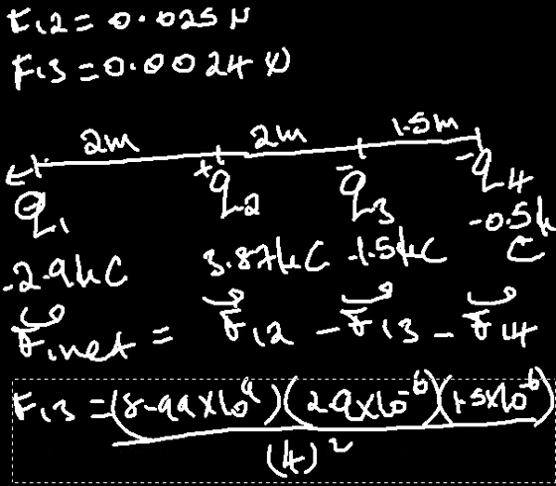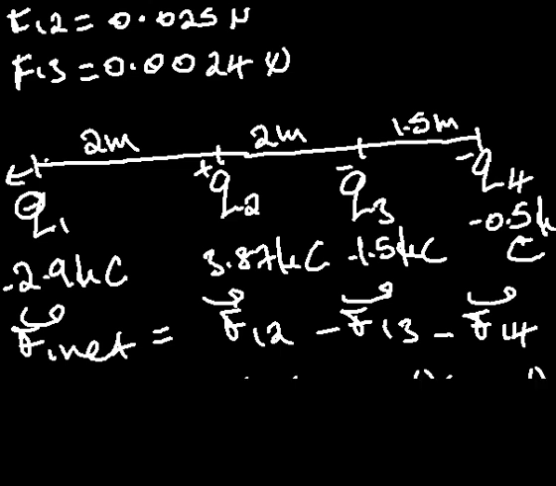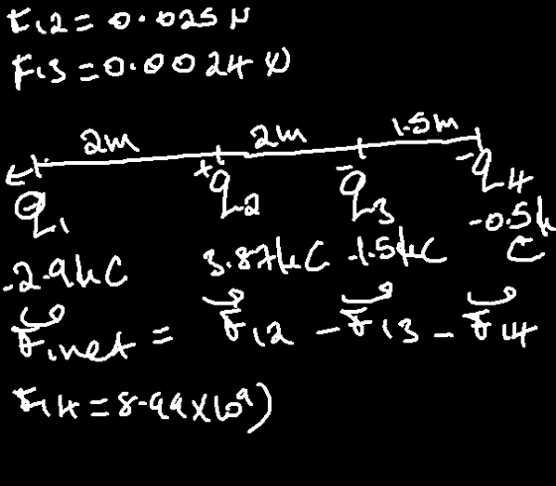Anyway, then let's calculate F14. What is F14? Now in this case, the principle remains the same. F14 is also given as 8.99 times 10 to the power positive 9, times what is the charge 1?